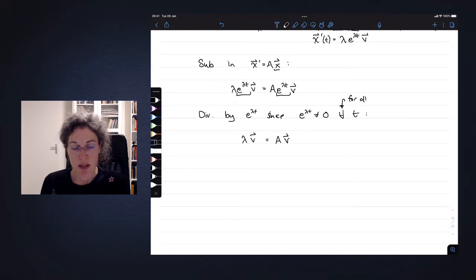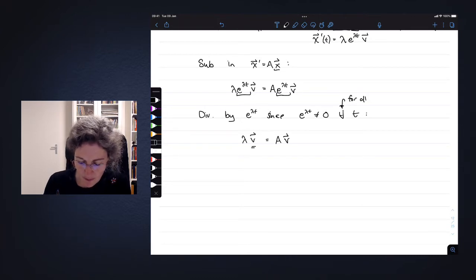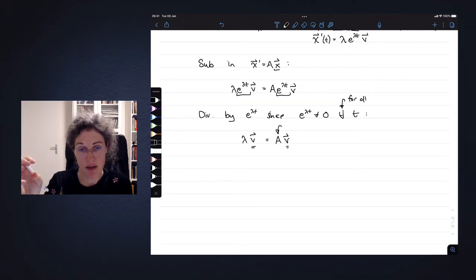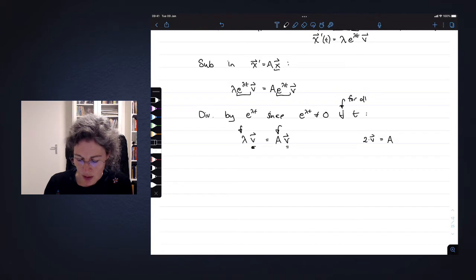If you've done much matrix algebra, you'll have seen this equation before, but if you haven't, it's quite interesting. So look at what this equation is saying. It's saying we've got some vector v, which is a constant vector, and if you multiply that vector by A, you'll get some new vector, it's the same as multiplying that vector by some scalar constant. It's kind of like saying you've got 2 times v must be equal to A times v, where A is some complicated matrix.